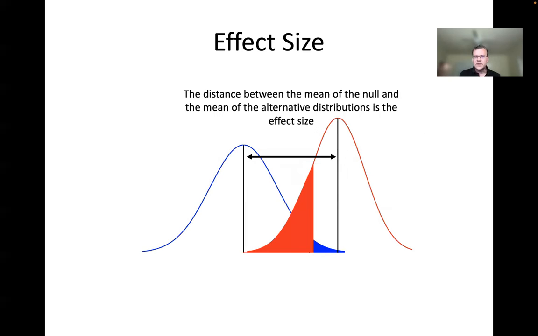When we're thinking about effect sizes and the distribution of the null and the alternative hypothesis, the difference between the mean of the null and the mean of the alternative hypothesis distribution is what we're really thinking about. So if we've got a regression coefficient of 0.2, this difference between 0 and 0.2 under null and alternative hypotheses respectively would be our effect size.